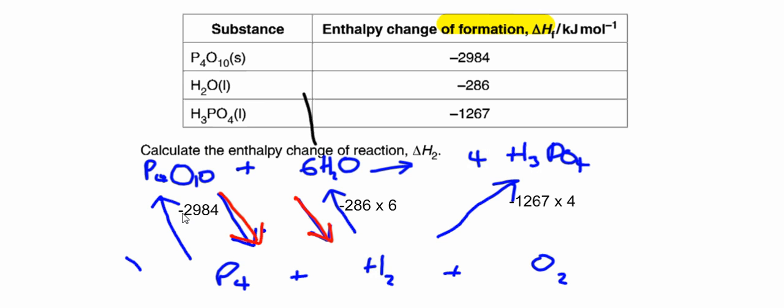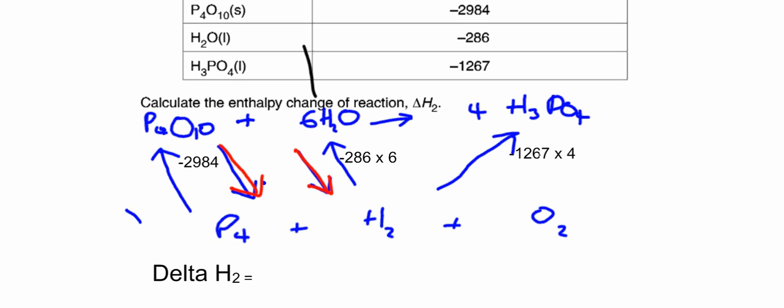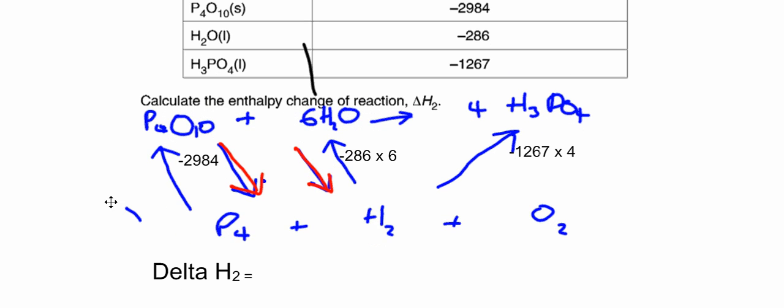You've got the data that's been put in there for each of them. Notice if it's 4 moles of phosphoric acid, I'm timesing by 4 because my data is for the formation of 1 mole, and here I've got 4 moles, so I'm timesing by 4. Now, to actually write this in, I've got to do some sign changing because I want to get from here to there.